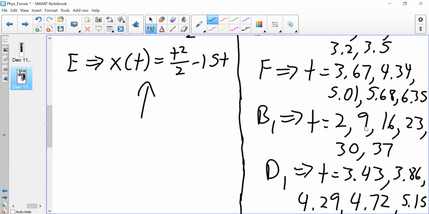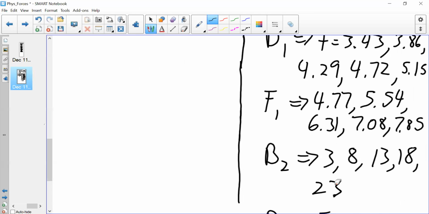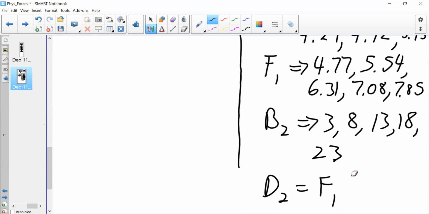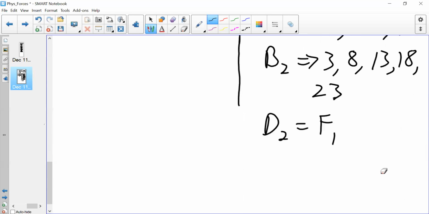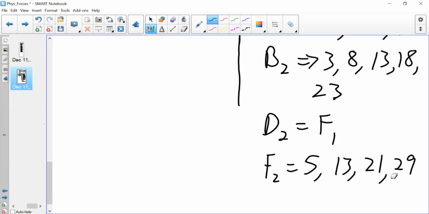So you're looking at F1 here. That's the same thing as D2 and F1 are the same. So I'm just not going to repeat that. And then F2, last one: 5, 13, 21, 29, and 37. So it's actually 12 sets of data, so I can recombine that, but anyway, it's quite important.